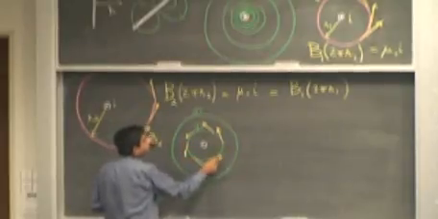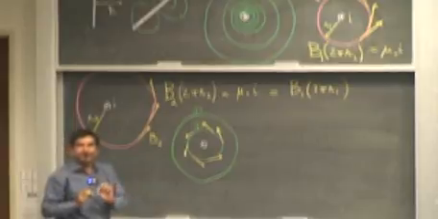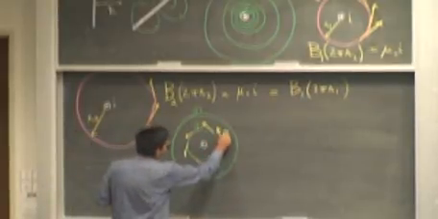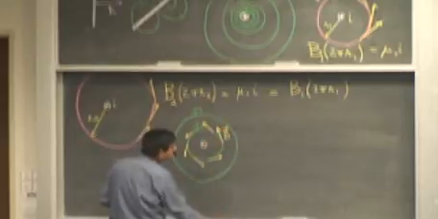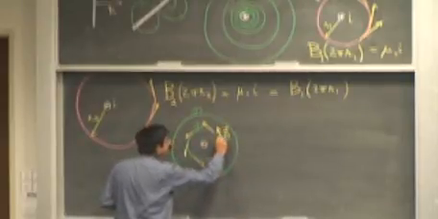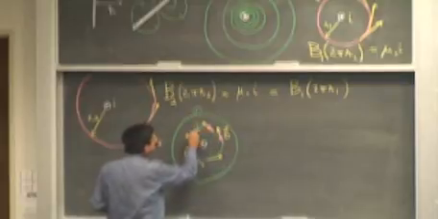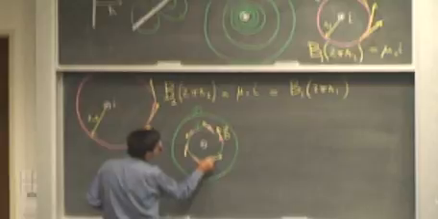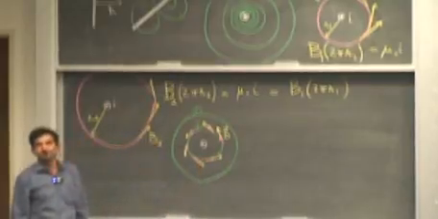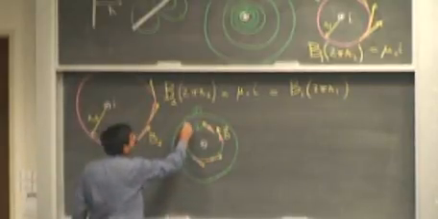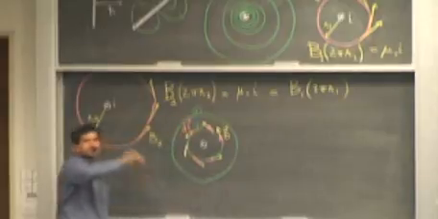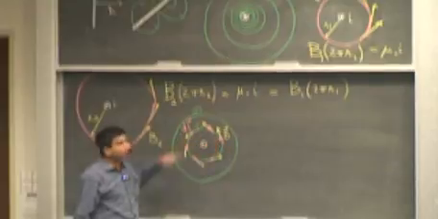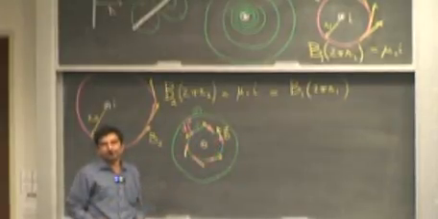if I break up this path into small line segments, then my displacements are also tangential to the path. So these are my directions of B, and if I break up this path into small line segments, then each line segment is also along the tangent. So the dLs are also along the circumference of a circle. The net result is that the magnetic field and the small dLs are always parallel to one another.